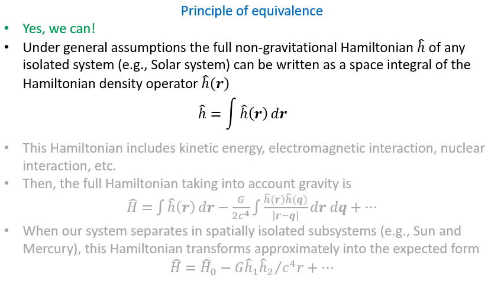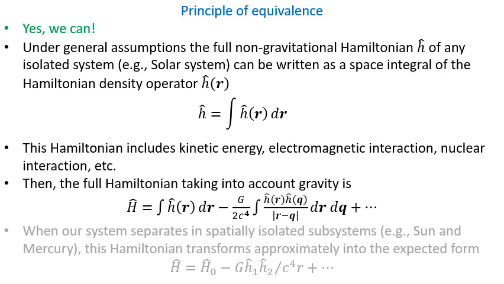It appears that under very general assumptions, the non-gravitational Hamiltonian of any isolated system, such as a hydrogen atom or solar system, can be written as a space integral of a properly defined operator of Hamiltonian density. All forms of energy can be represented in this way: kinetic energy, the energy of electromagnetic interaction, nuclear interaction, and so on. But if it is so, then the full Hamiltonian that takes into account also gravitational energy can be written as follows.